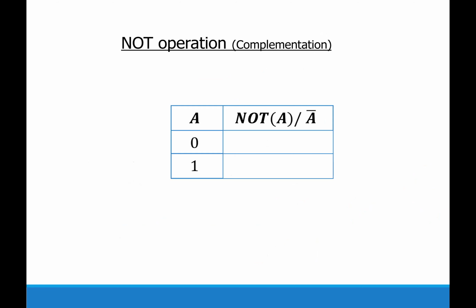Okay, now here we are going to see the truth table for the NOT operation. This is the way we represent the truth table related to each operation. Here you can see for the NOT operation, we take only one variable that is equal to A, and this is the input.